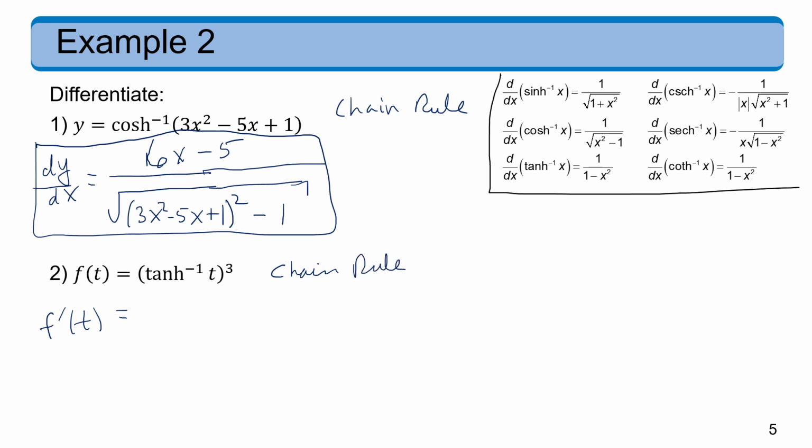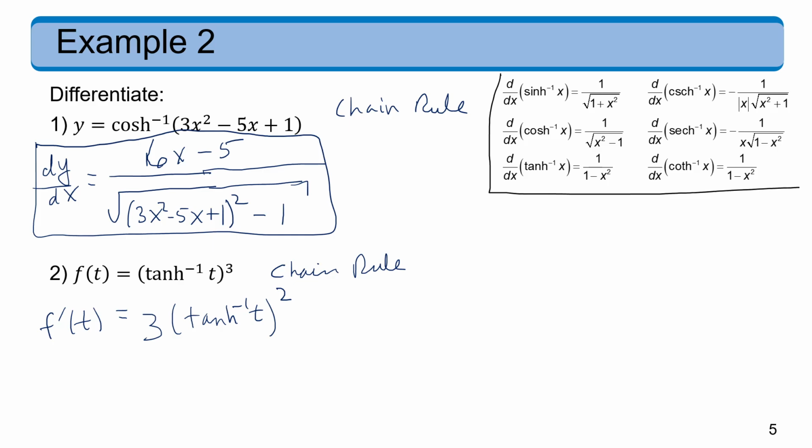The outer function here is a power function, right? u cubed. So we start with the power rule. You always start with the derivative of the outer function. So we bring the 3 down in front, keep the inside part the same, reduce the power by 1, so now it's squared. That's the derivative of the outer function.